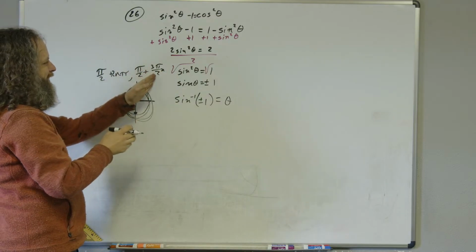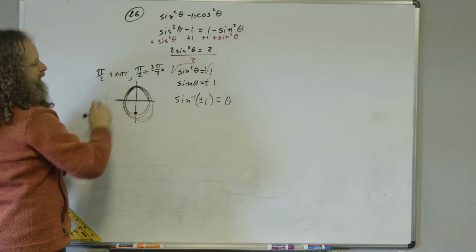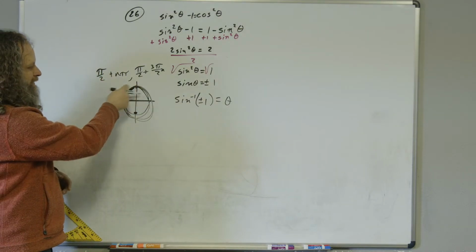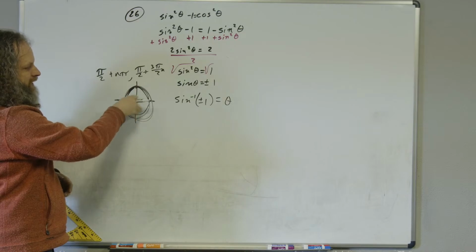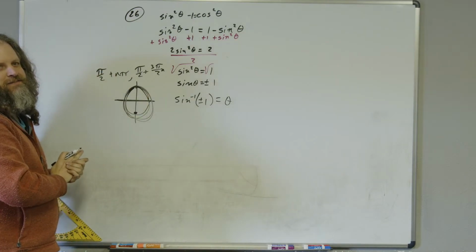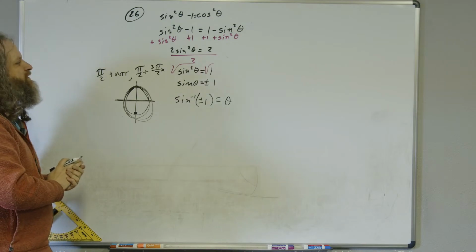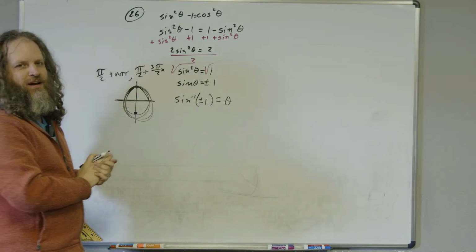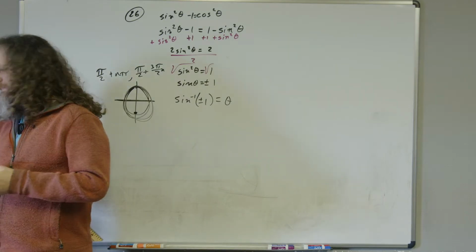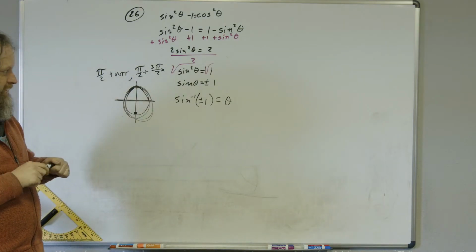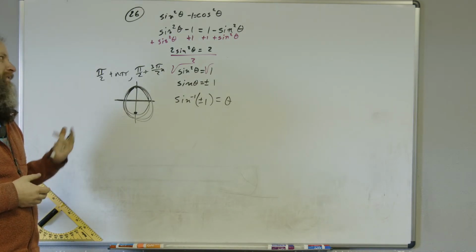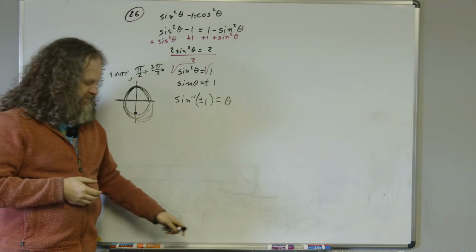But we can take care of this by just saying it repeats every pi instead of 2 pi, because it repeats every 180 degrees, not 360 degrees. So it's a sneaky shortcut way to write that. Because the period of a sine function is 2 pi, but this one actually repeats more often because it's plus or minus.